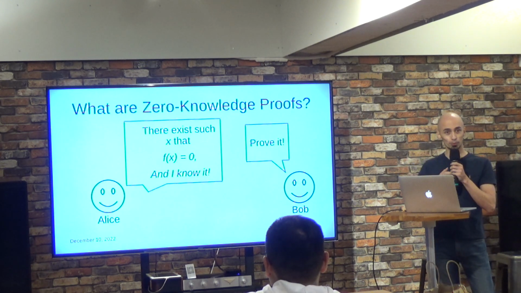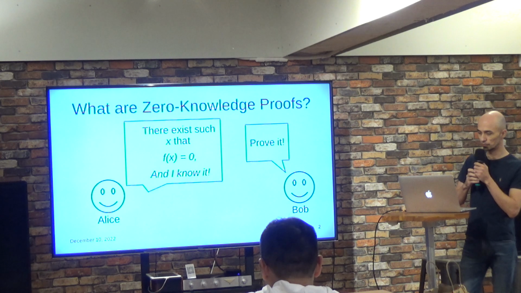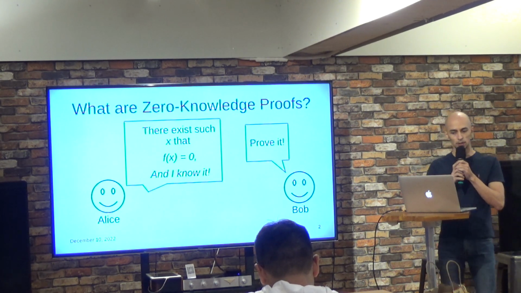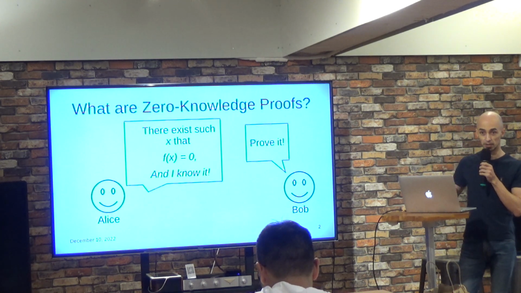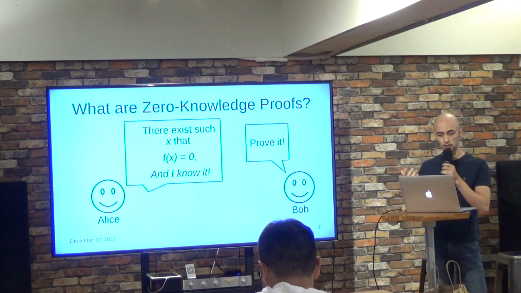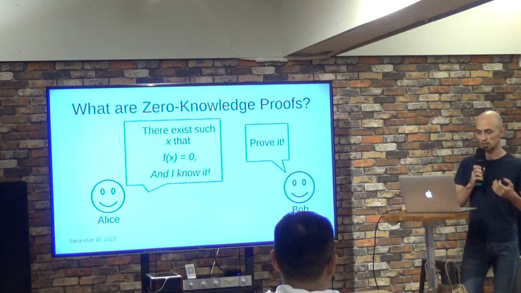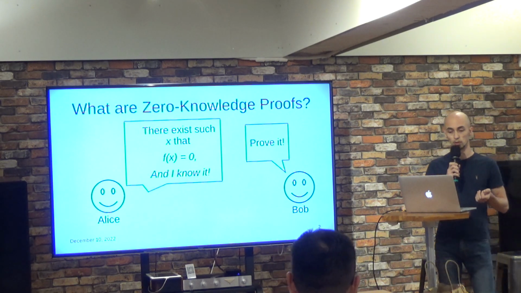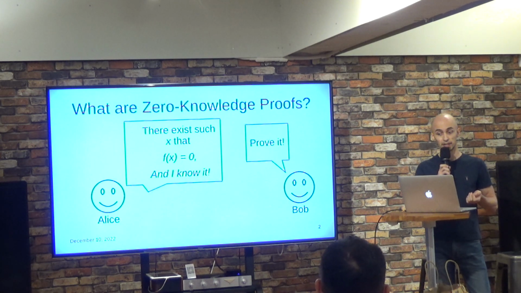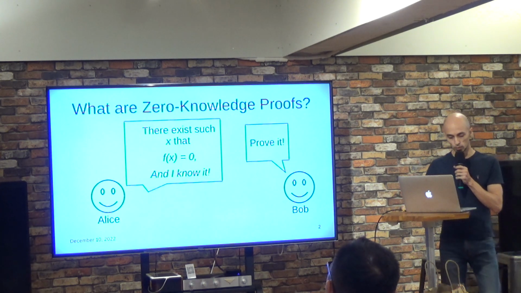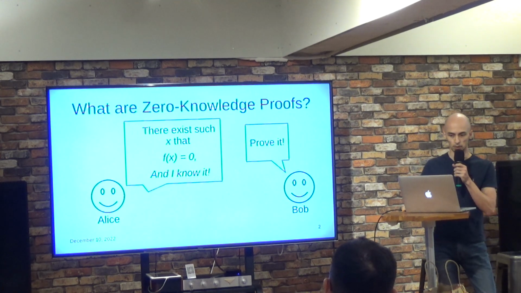So, zero-knowledge proofs are those wonderful cryptographic protocols that allow one party, called the prover, to convince another party, the verifier, that the prover knows some statement and that statement holds true without revealing any additional information about that statement. What it means for us in practice as engineers, like what is a statement?